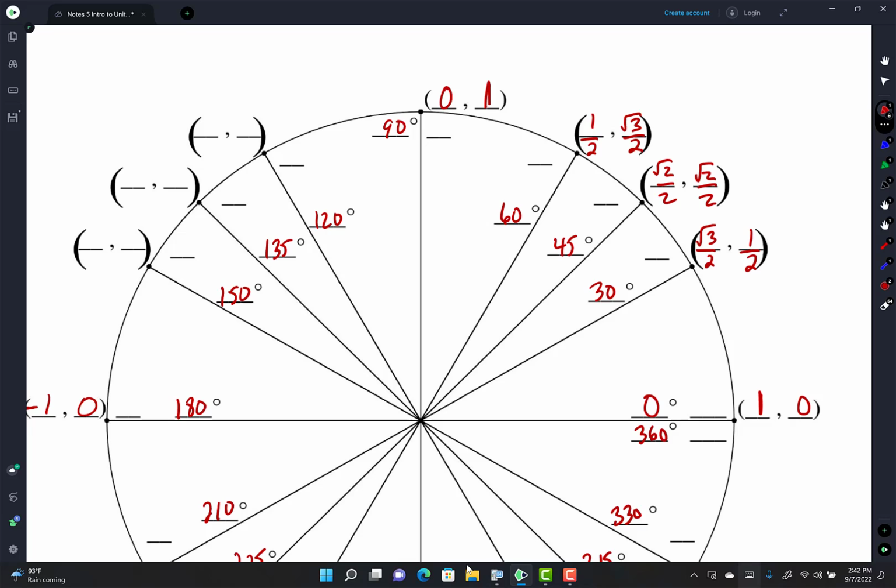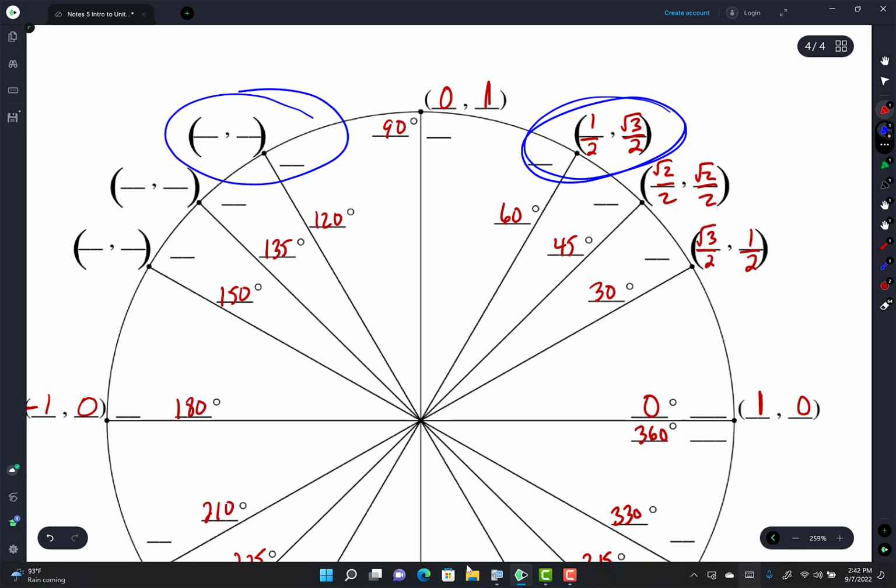All right. Everything is symmetric, guys. It's a circle. I have a y-axis, I have an x-axis. In quadrant 2, the x's are negative and the y's are positive. So at 120 degrees, look, don't circle this, just listen. This coordinate right here is symmetric to this coordinate that I'm circling right here. Do you guys see that?